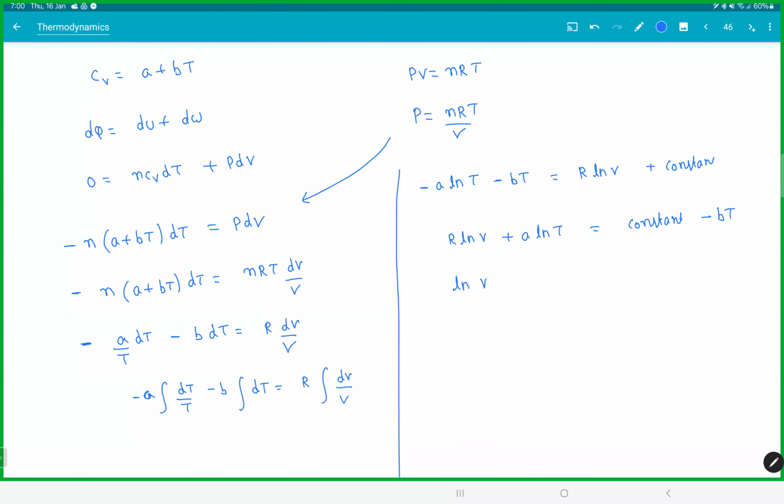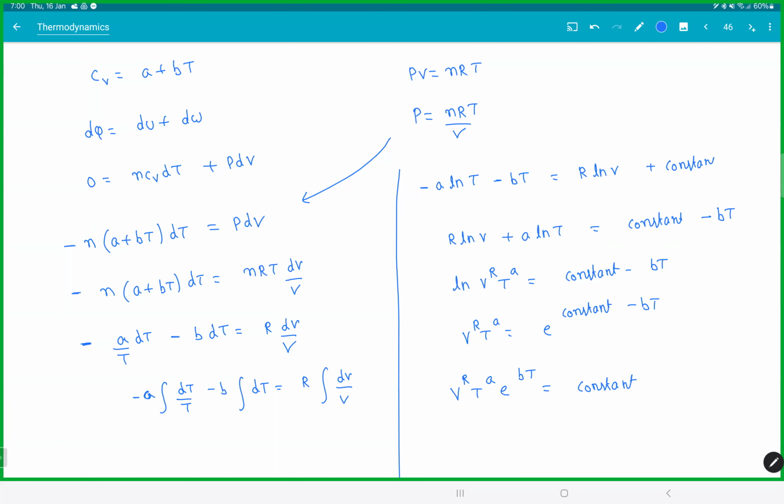So ln of V power R, T power A is some constant minus BT. Taking the exponent, V power R, T power A is e power constant, e power minus BT. Bring it this side: V power R, T power A, e power BT is equal to e power constant, which is a constant. There, that's your answer.